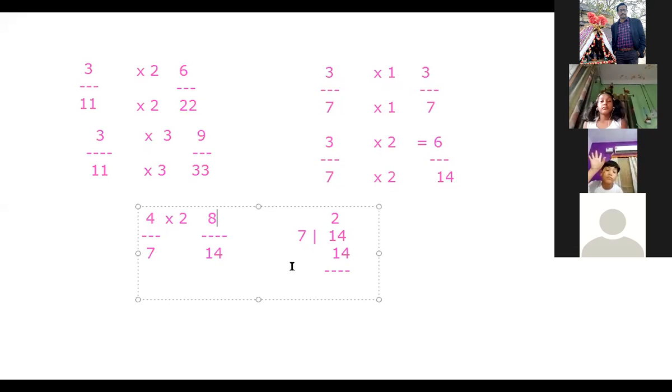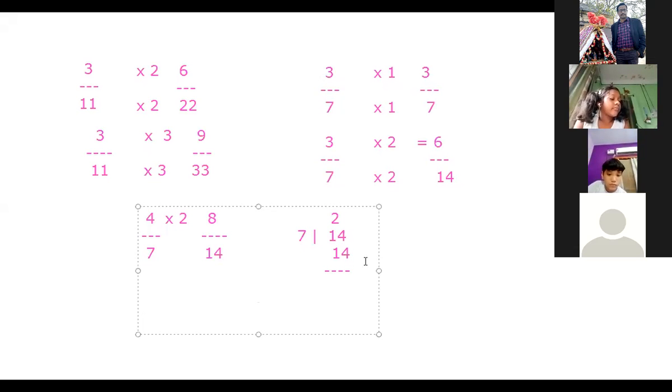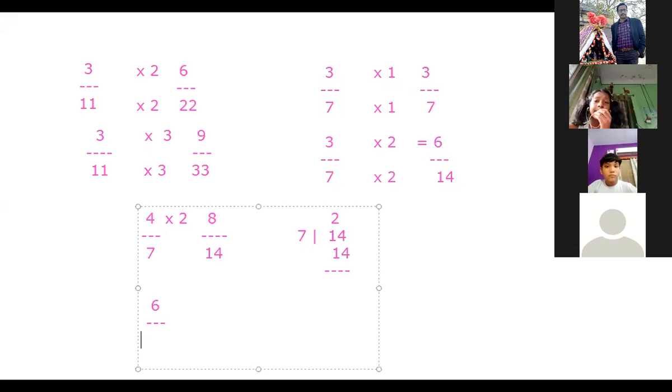Like here in this question, I'm talking about f now. In f, it is written 6 by 16, right? 6 by 16 is equal to 3 by a box, which is unknown.